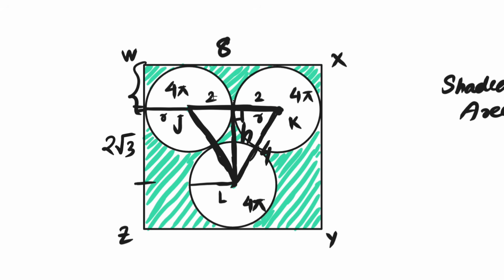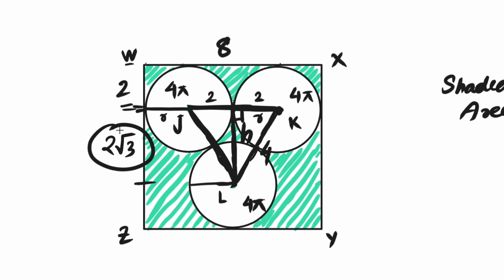Start at the top of the rectangle and move downward to the center of one of the upper circles. Because the upper circle is tangent to the top side, that distance is exactly 1 radius, which is 2 units. Next, move from the upper circle center down to the lower circle center.